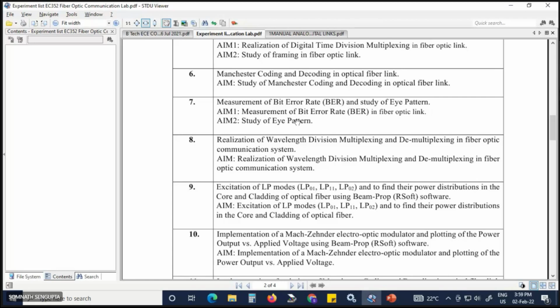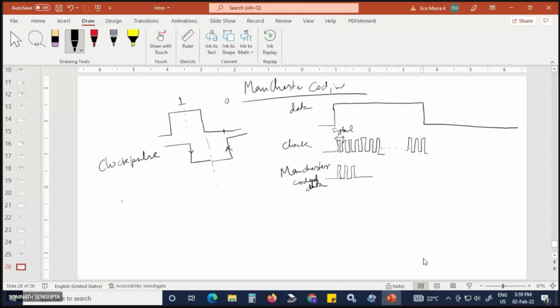Basically, here we'll also see the eye pattern. Eye pattern is nothing but, suppose a series of 1s and 0s are transmitted.